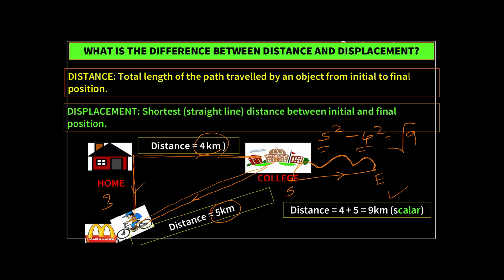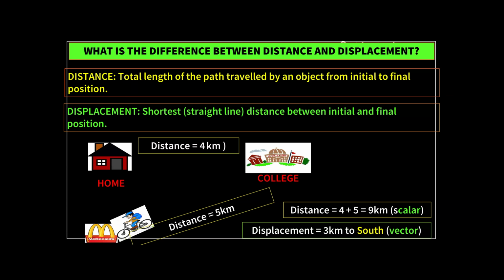So this is just 3 km towards south. So displacement is 3 km towards south. It's a vector. Why is it a vector? Because it has a direction, towards south. In this situation, you can see distance is 9 km, but displacement is only 3 km. Displacement is smaller than the distance.